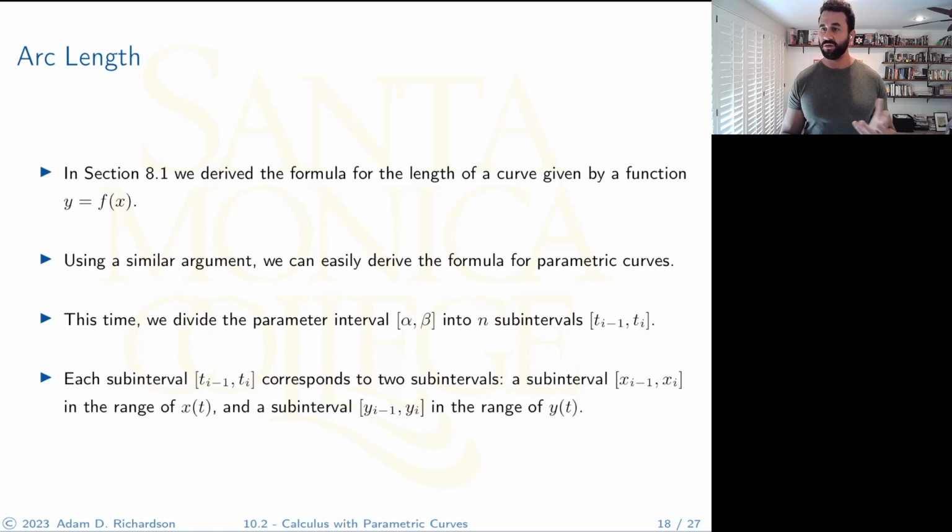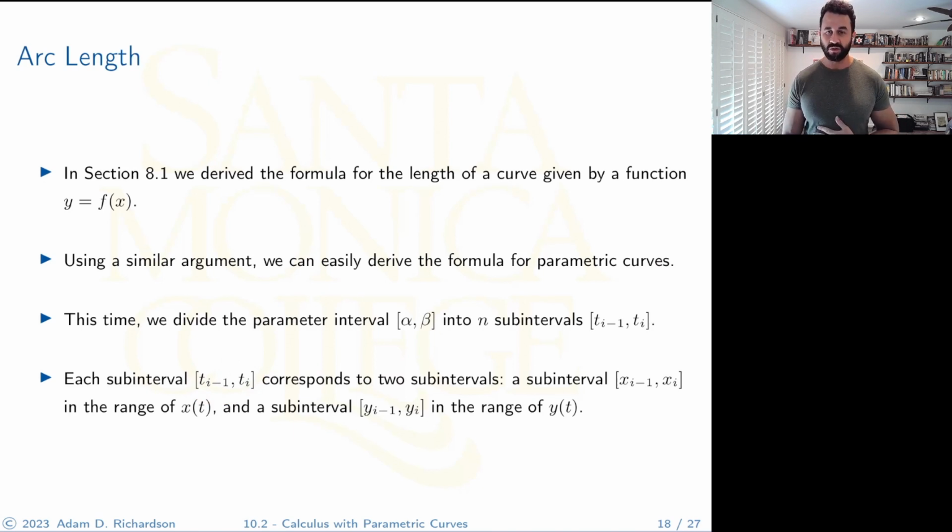I won't dwell on this too long, but I want to show you what it looks like so you can see how all the pieces come back. And again, it's a good point to remind you that you really do want to understand the mechanics of the Riemann integral. So this time we're going to divide the time interval alpha beta into n subintervals, t sub i minus 1 to t sub i.